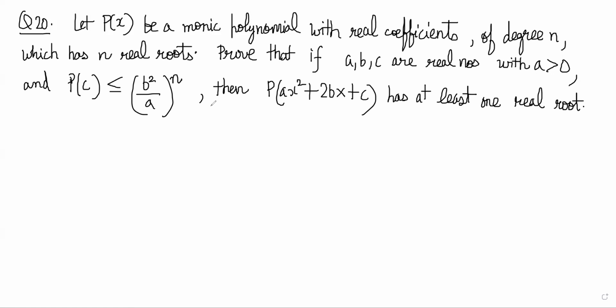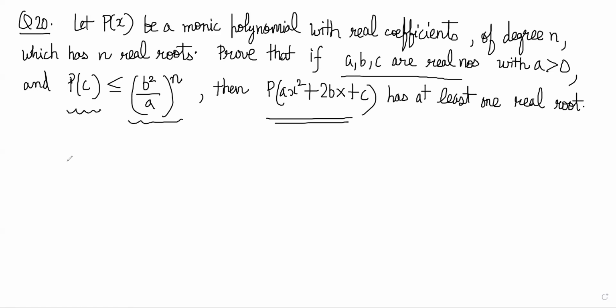Okay, so p of x is a nth degree monic polynomial with n real roots. And if a, b, c are real numbers with a positive such that p of c is less than this, we have to show that p of ax square plus 2bx plus c has at least one real root.